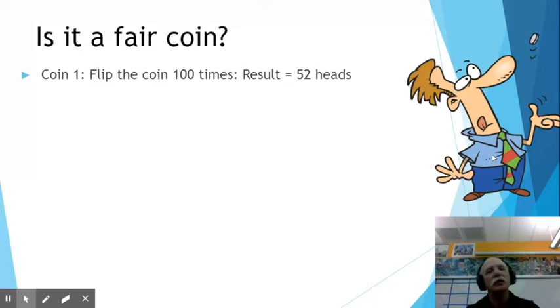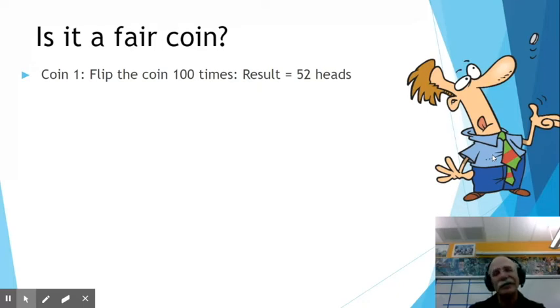All right, so let's do an example here. Let's say we've got a coin and we're pondering whether the coin is actually fair. If it's fair, we should get about 50 heads when we flip it 100 times. We really don't expect to get exactly 50 heads every time we flip it, but we should be somewhere close. So I flip the coin 100 times and I get 52 heads.